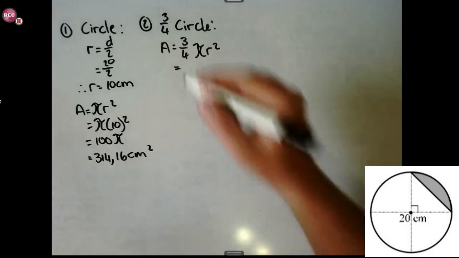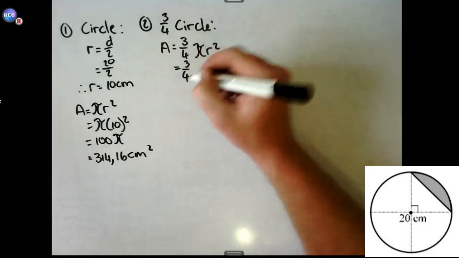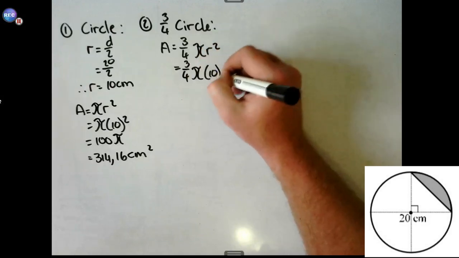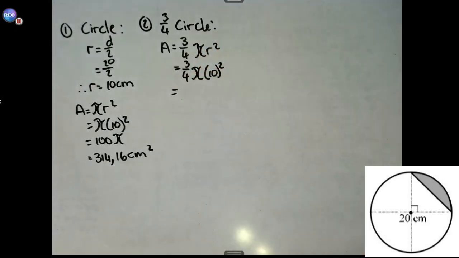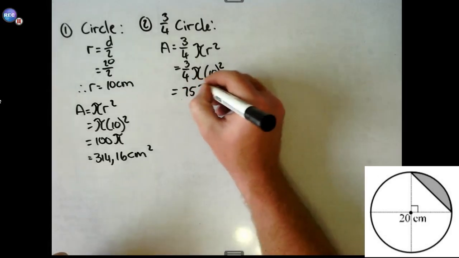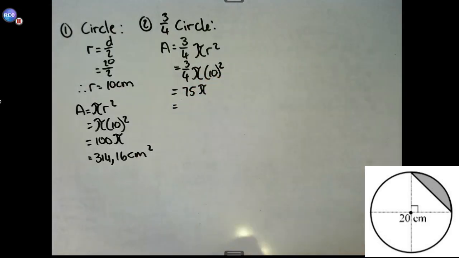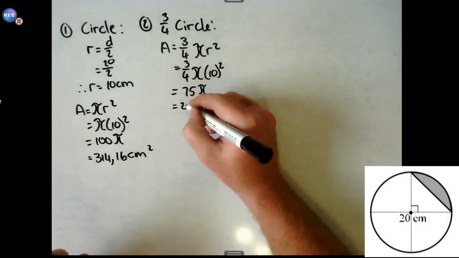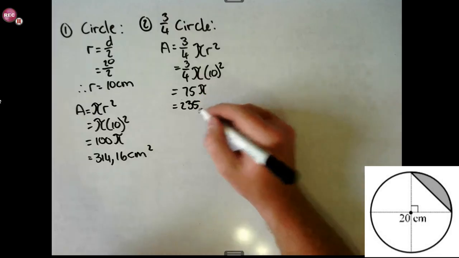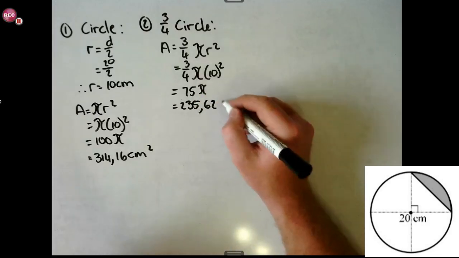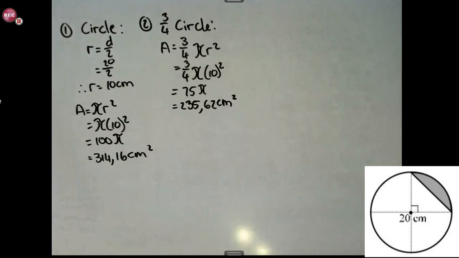That would then be 3/4 pi times 10 squared, and that will give you a total area for the 3/4 circle of 75 pi, simplified to a decimal of 235,62 centimeters squared. Okay.